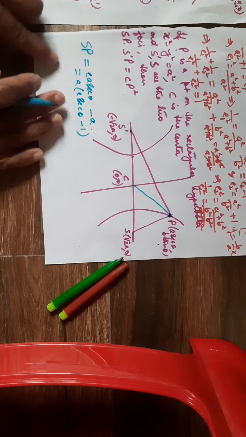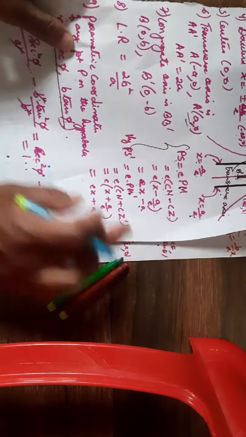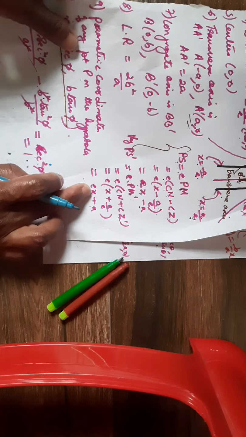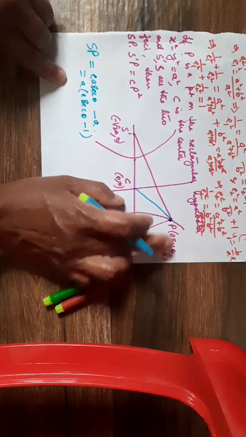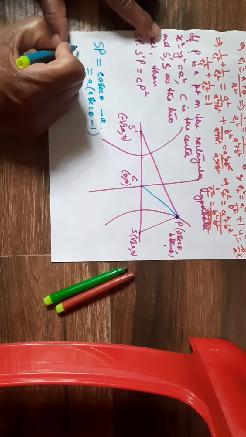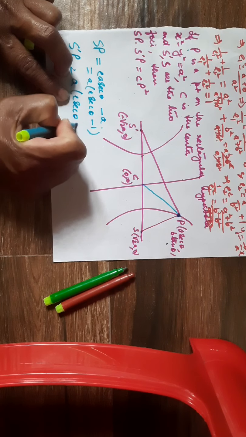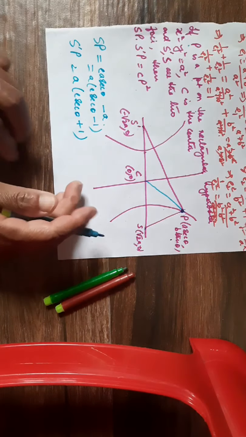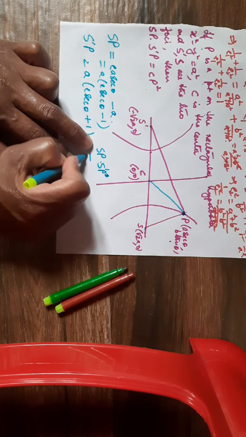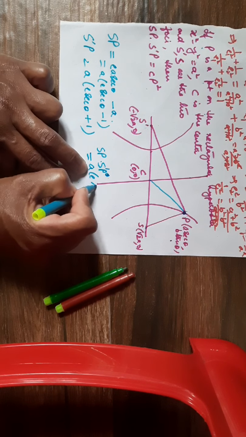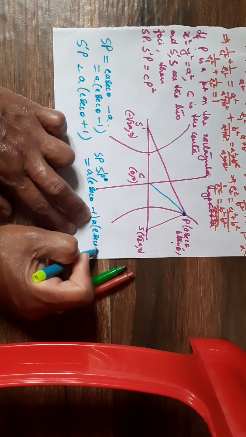minus 1). Now again, the distance from this point P to the other focus, PS prime, is ex plus a. But what is x? x is again a secant theta, the x coordinate of point P. So here S prime P is equal to a into (e secant theta plus 1). Now find out what is SP into S prime P. This is equal to a into (e secant theta minus 1) into a into (e secant theta plus 1).